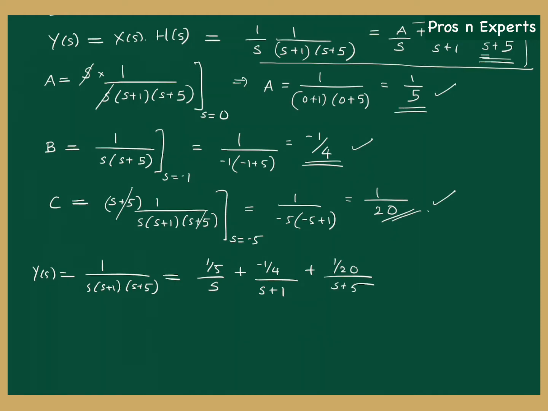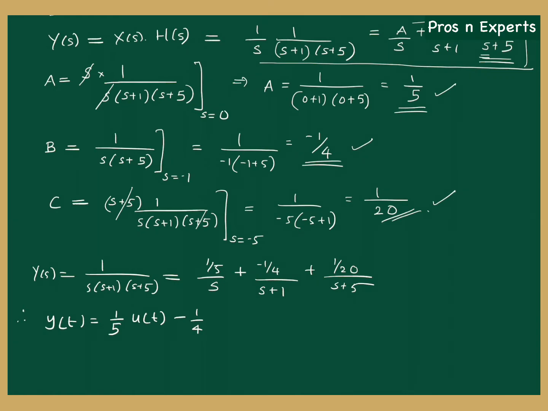Okay. So this is clearly, you can see all the terms are known Laplace transforms. So it's very simple to find out the inverse transforms. Therefore y of t is equal to 1 by 5 into, what is the inverse transform of 1 by s? It is e of t, minus 1 by 4 into, what is the inverse transform of 1 by s plus 1?